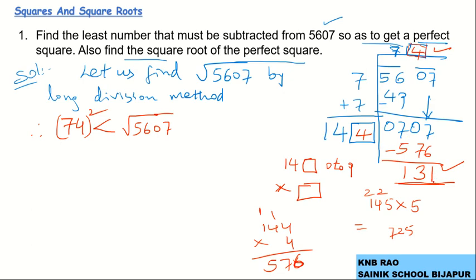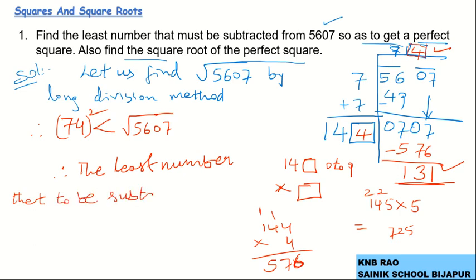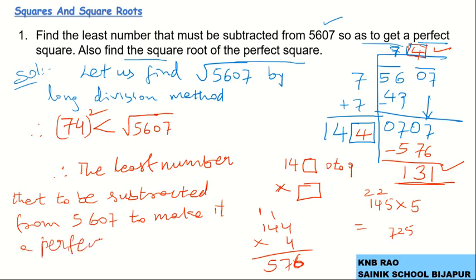If I subtract 131, that excess, from 5607, then the least number that is to be subtracted from 5607 to make it a perfect square is 131. So, we found what is to be subtracted.